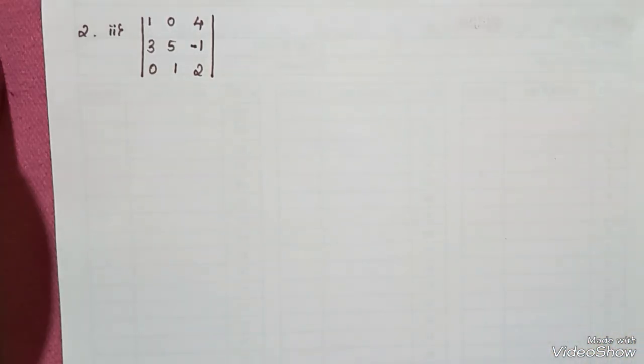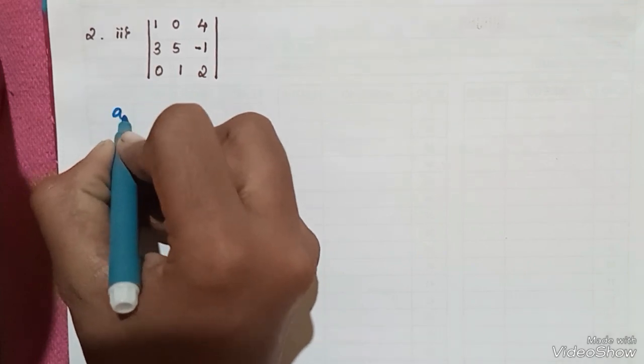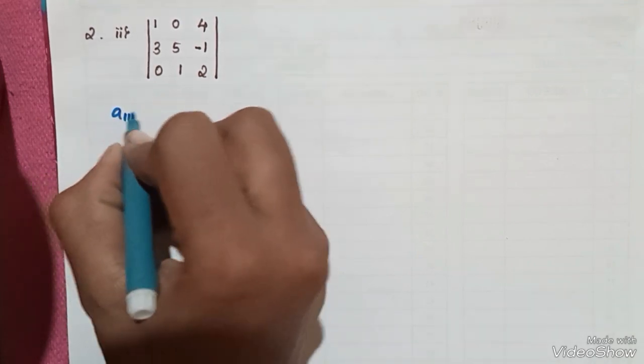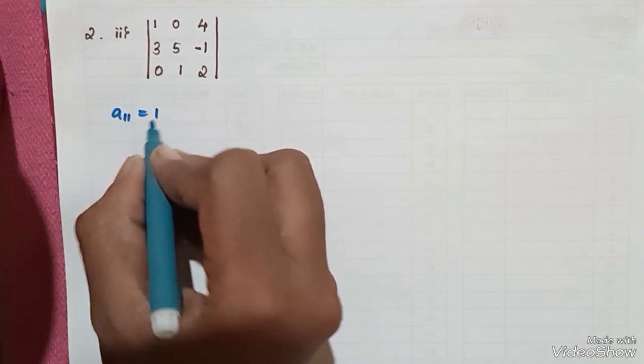Here there is question number 2. In this question also we have to find the minor and cofactor of the given determinant. Here the first element, a11, is equal to 1, the first row first column.